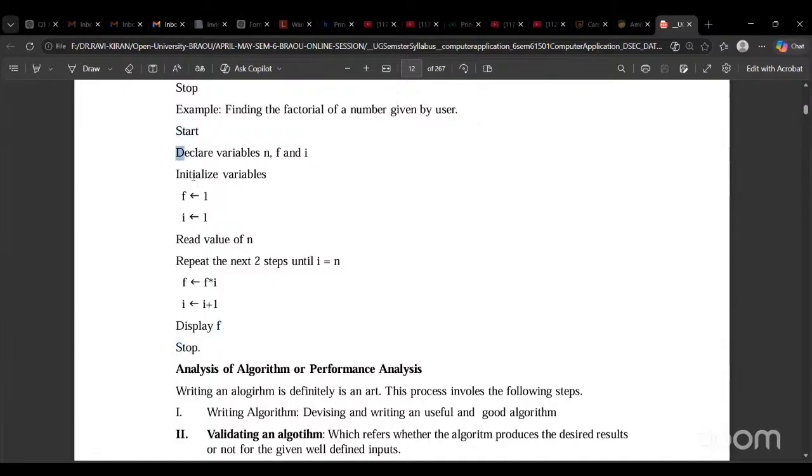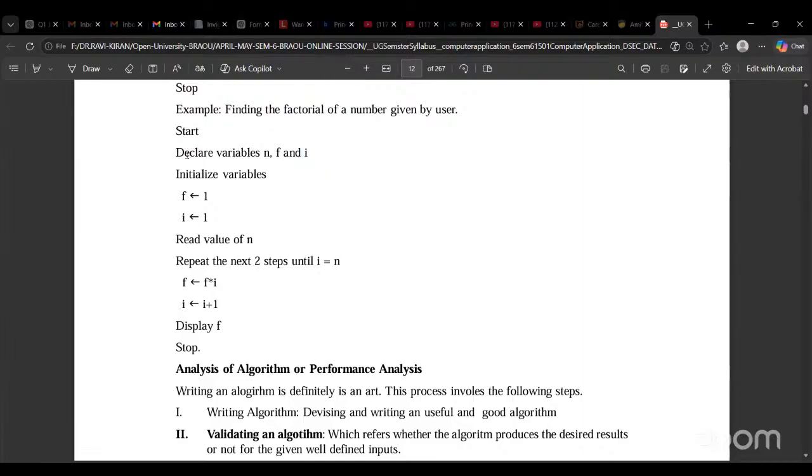Now in between, whatever we write, these are sequential steps. So declare variables n, f, and i. The variable names can be anything. There are rules for variables specific to the programming languages. With respect to the programming languages, we will discuss the variable rules. By following the rules, we can take the variable.